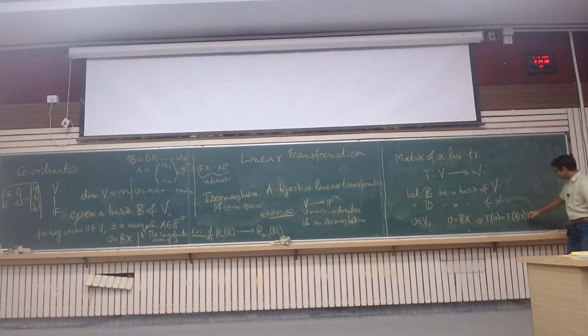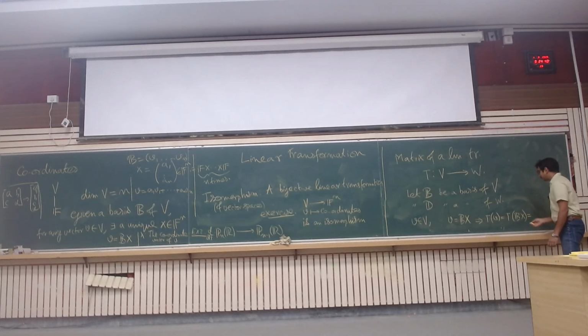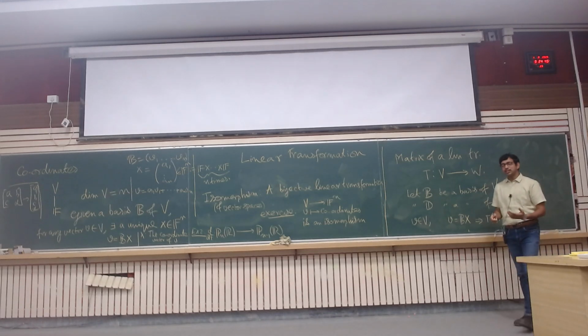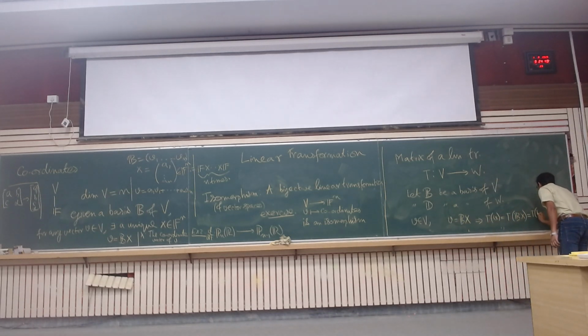And what is x? x is just the coordinates of V, that means the coefficients of the basis vectors. So Bx just represents a linear combination of the basis vectors, right? So the compatibility of T with addition and scalar multiplication, that is with linear combination, will mean that this is just T of Bx.